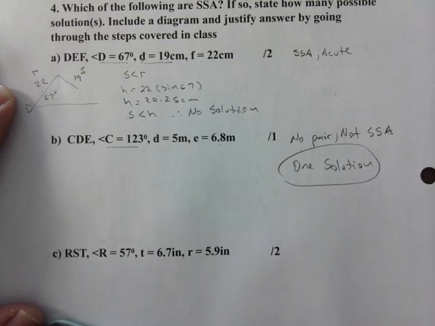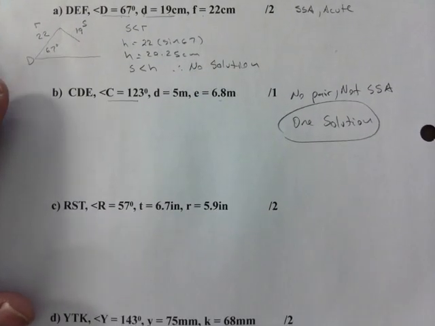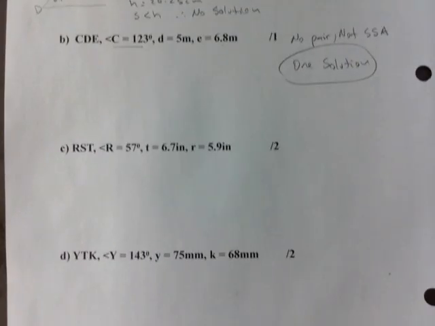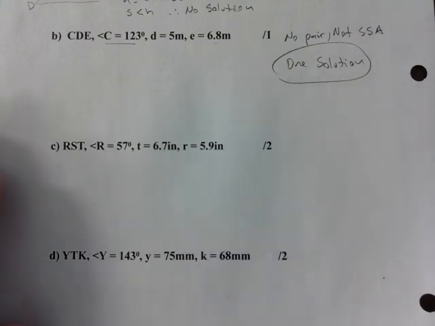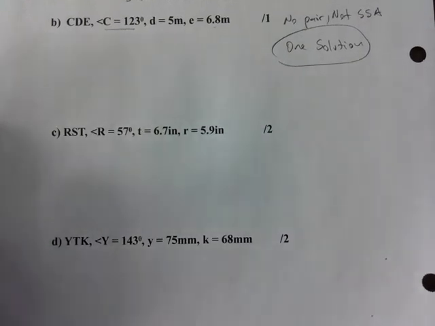You're done. This is actually SAS. It's cosine law. Cosine law doesn't have a problem. It's only sine law, and it's only SSA, because the other two are ASA, which has 2 angles. You can find the third, find your pair, but there's no ambiguity there. We can handle that. We can work with that.